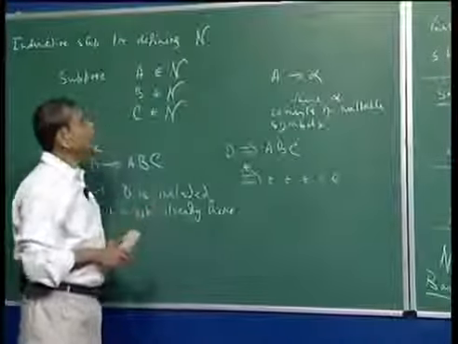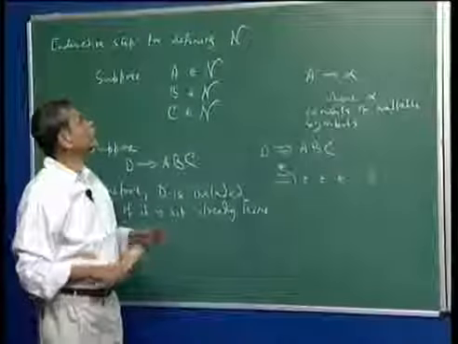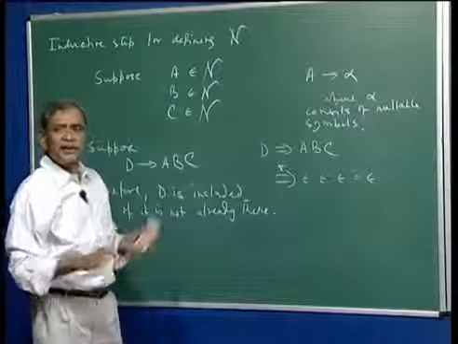So, every non-terminal which we put in the set N is clearly nullable.